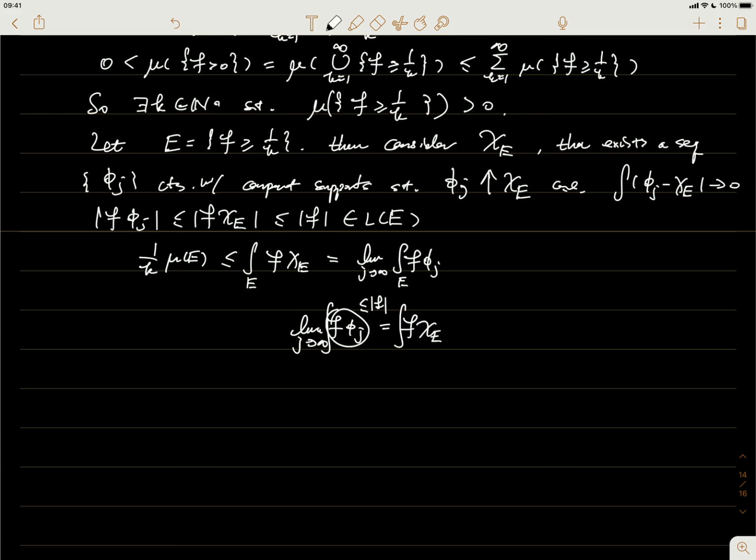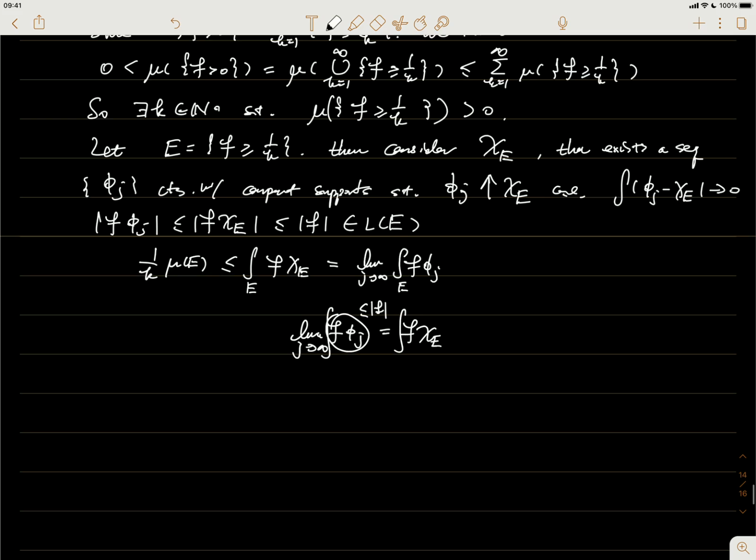And apparently, because the measure of E is positive, as we said, this is positive.